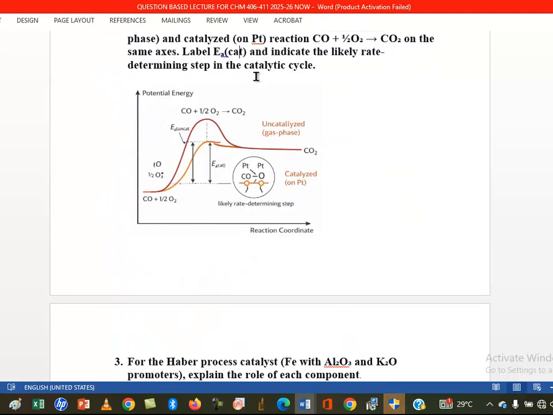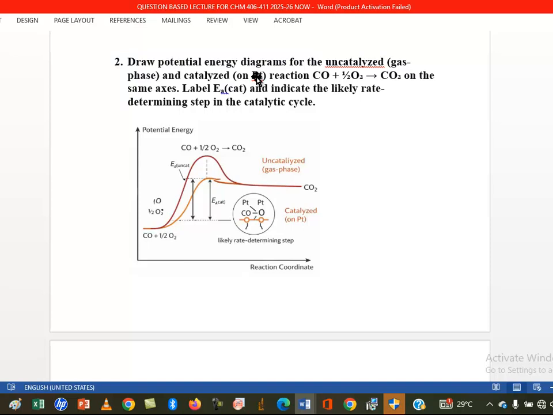Next, this is another simple one. Draw the potential energy diagram for the uncatalyzed gas phase and catalyzed using platinum. This is the reaction: carbon monoxide with oxygen to give you carbon dioxide. Now on the same axis, so you are doing it on the same diagram, y-axis potential energy, x-axis reaction coordinate.